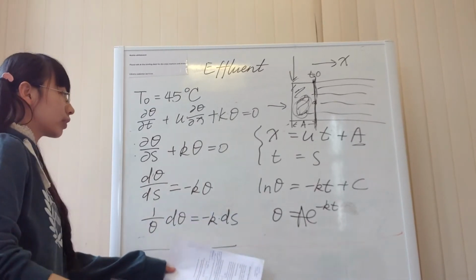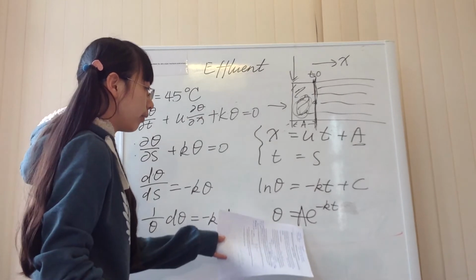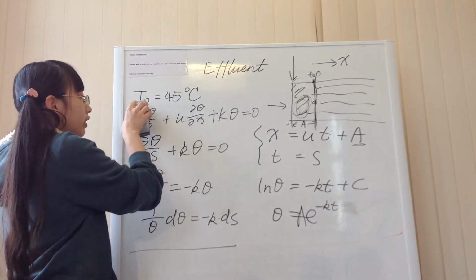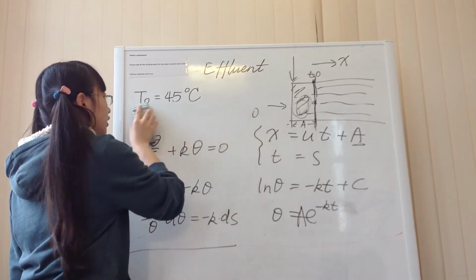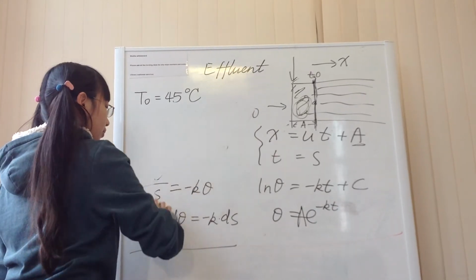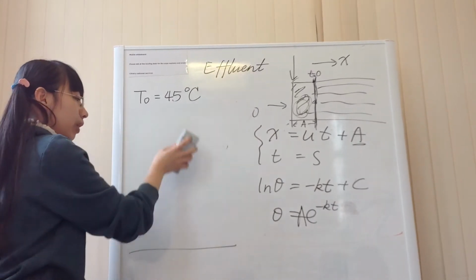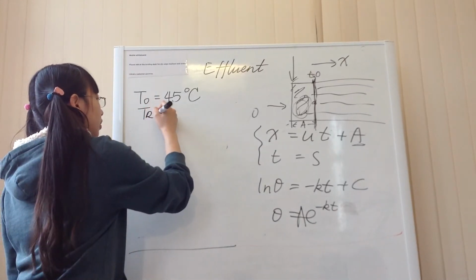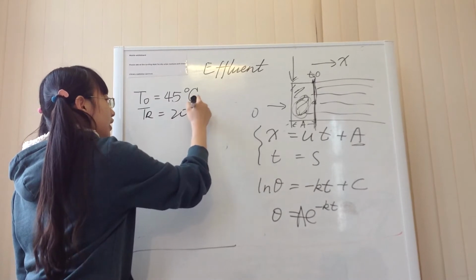But the question is almost solved. What we'd like to do is to find a, and we have a boundary condition we haven't used, which is t naught equals 45 degrees C. So just pop that in, and we will get the river temperature is 20 degrees C or something, I think.